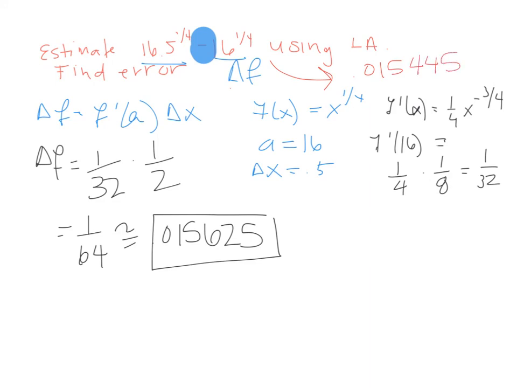Then actual minus estimate over actual gives a percent difference of about 1.2%, according to my notes.